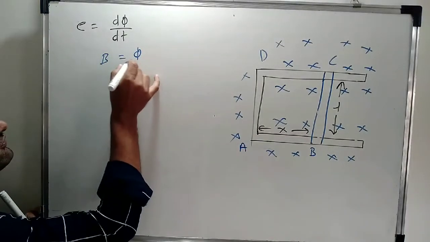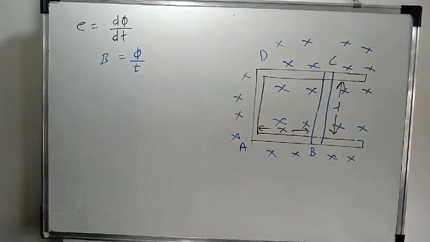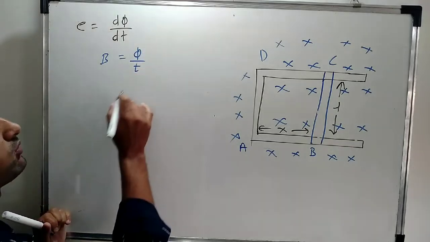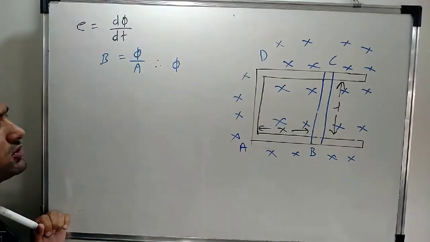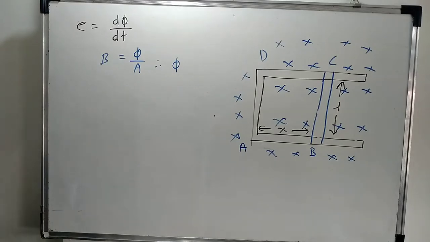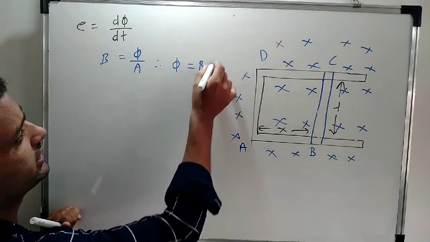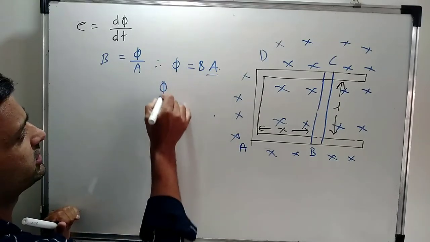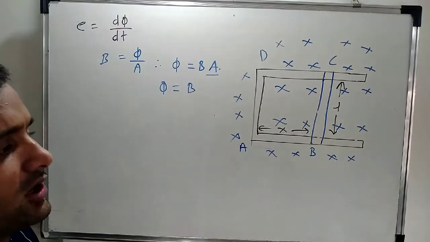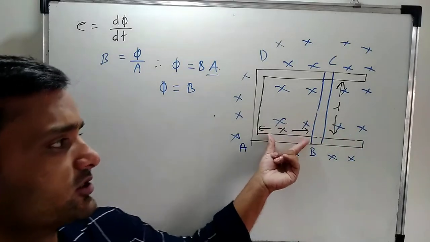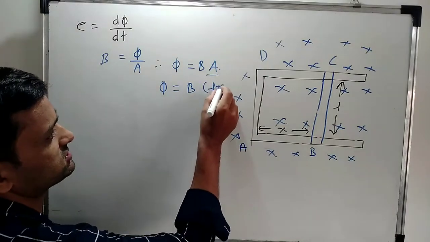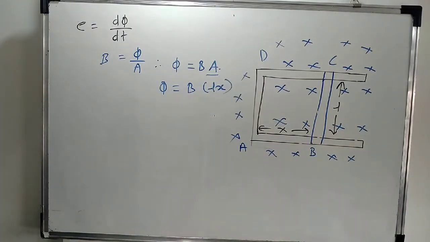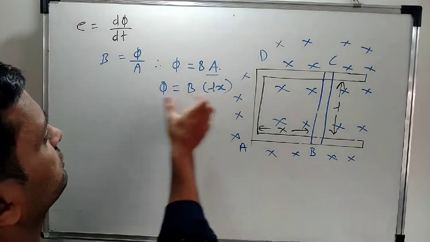B is phi upon A, the magnetic flux per unit area is the magnetic induction. So phi is B into area. What about the area here? Length into breadth, so we write it as Lx. Lx is the area. So BLx is the value of phi.